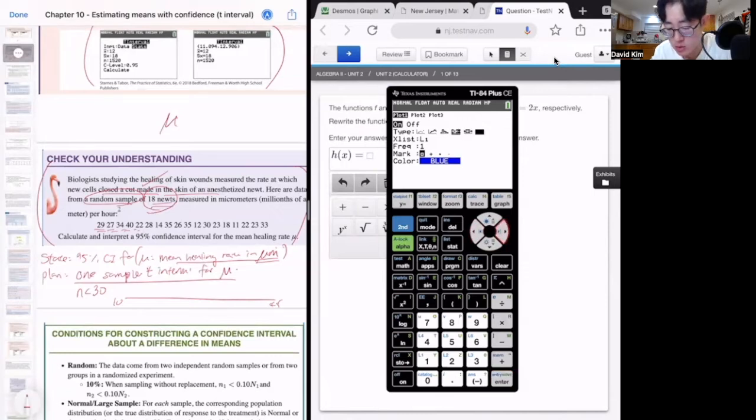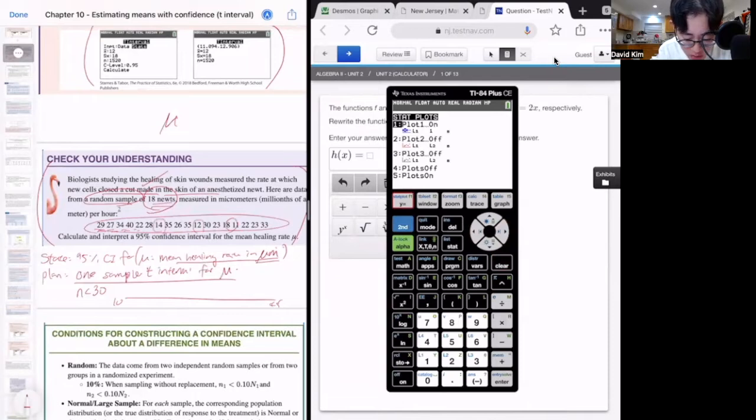Actually, those are box and whiskers plots, so I can't really do a dot plot here, unfortunately. If I had a TI-Nspire, that would have been great. But from what I can tell, I would have to just manually do this.